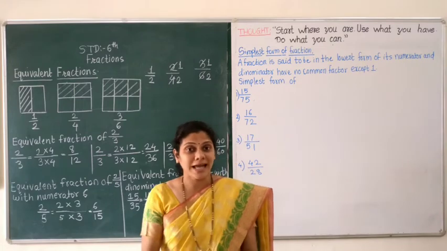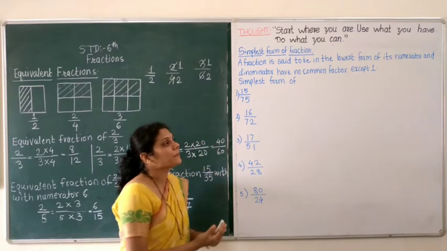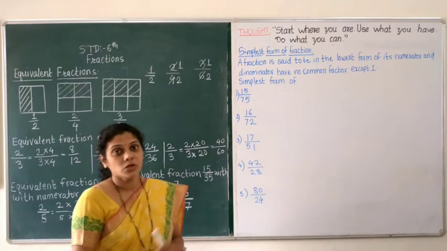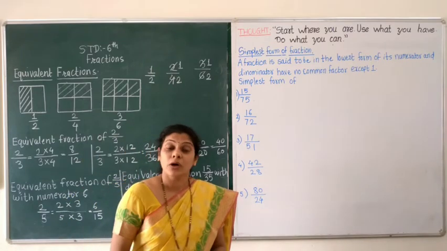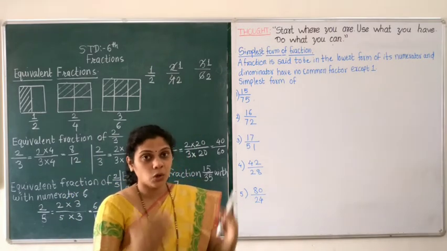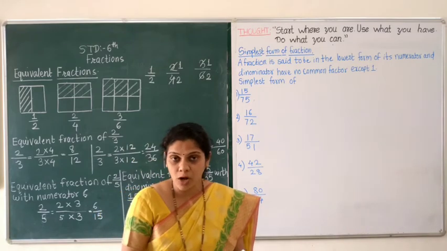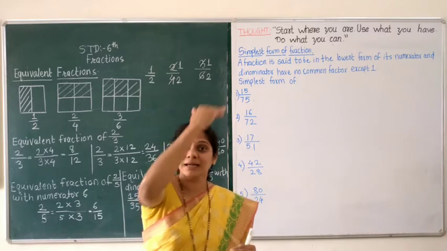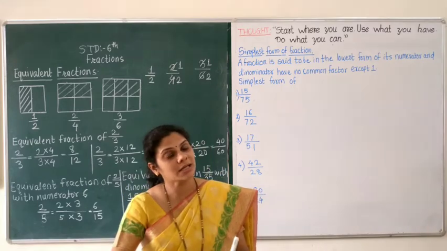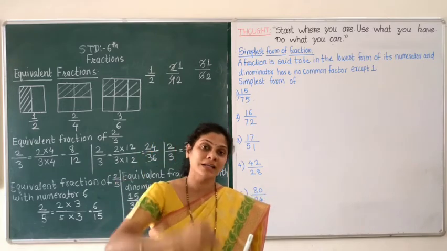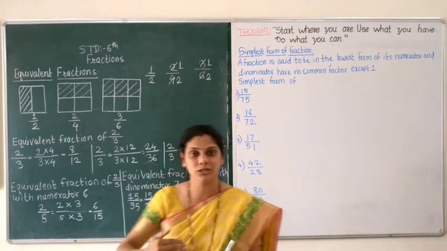Okay. Now the next point is about the simplest form of a fraction. So what is the simplest form? We have to find out the lowest form by the division process. Lowest form means we have to come from the greater number to the smaller number, and here we always use the division process.